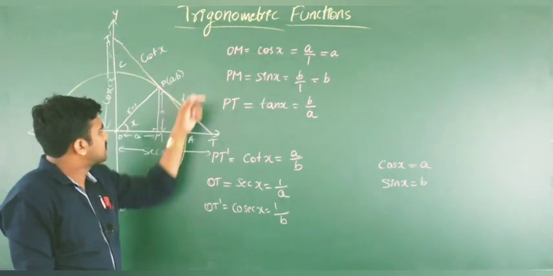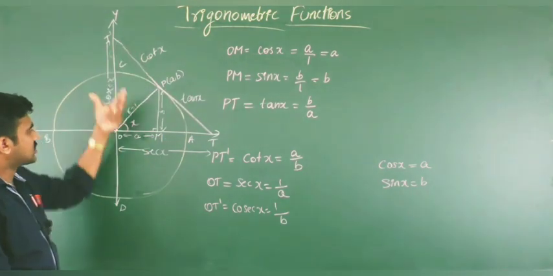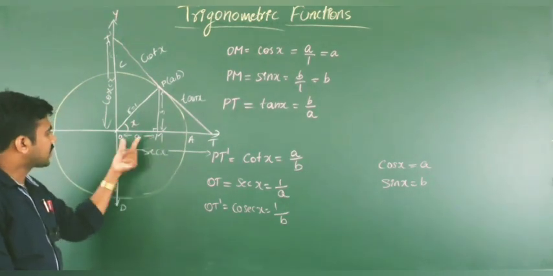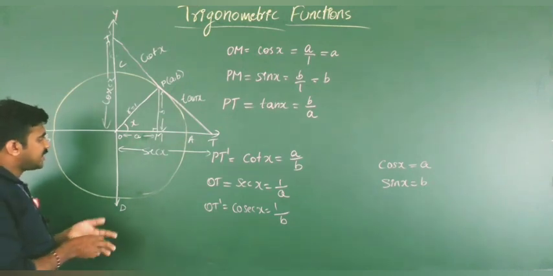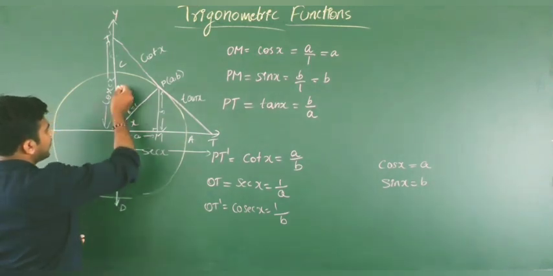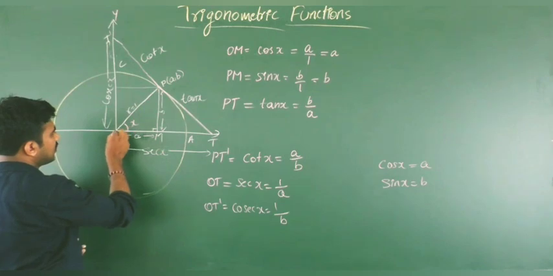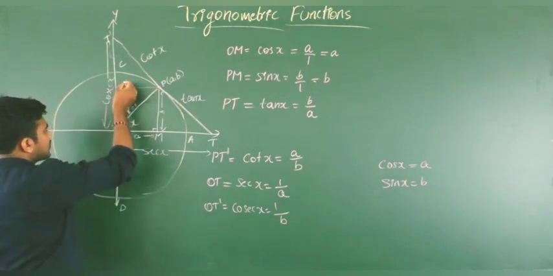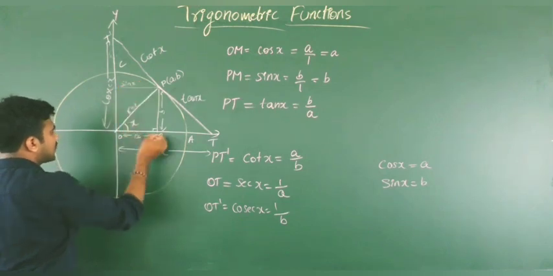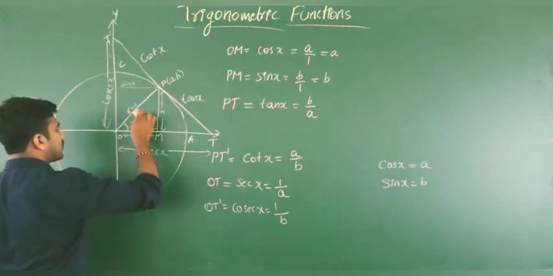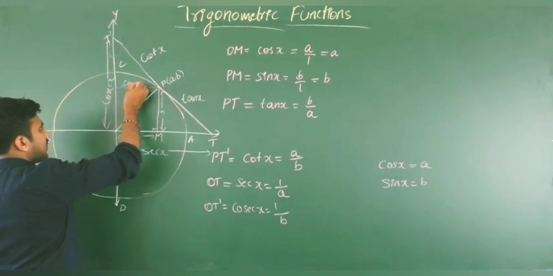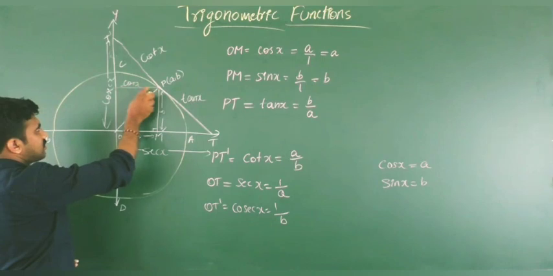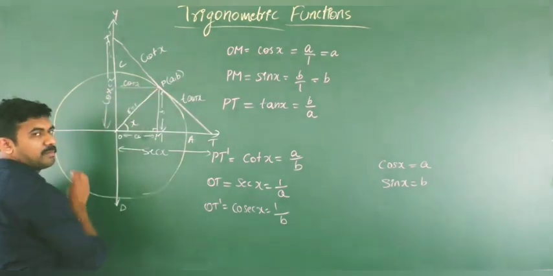So likewise we can say this is tan x, cot x, and secant x, the full length, the reciprocal of A, 1 by A. Here we can observe A is nothing but cos x, so the length from the y-axis to P is cos x, sorry, not sin x. OM is cos x.